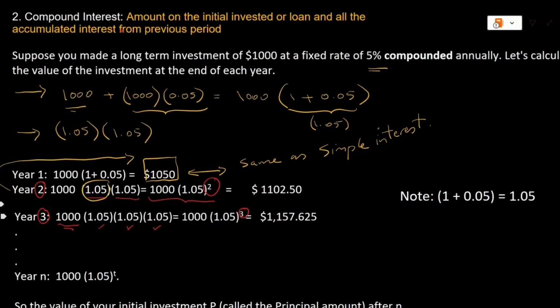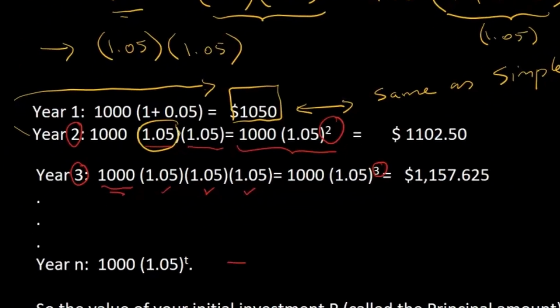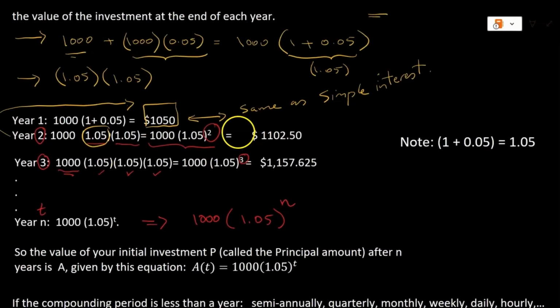And here is the final compact form of the formula. For any year n, this will end up being 1,000 times 1.05 to the power of n. I should have said n instead of t: there should have been n here and n there. All right, so now that we have that, let's put them all together.